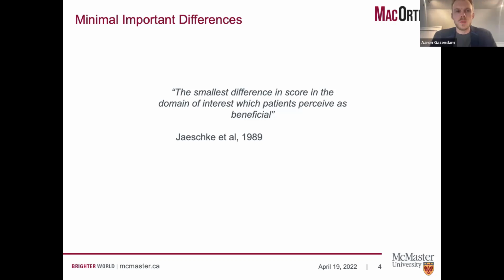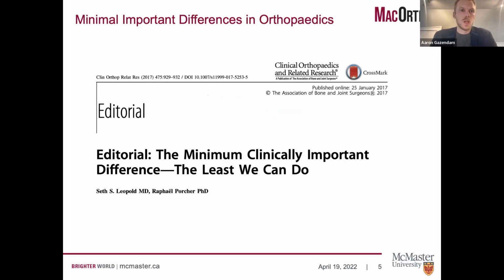That's why minimal important differences have been created to define these cutoff scores or change scores that are actually meaningful to patients. In orthopedic surgery, MIDs are widely reported throughout the literature for essentially every functional outcome and patient-reported outcome that we have, with the exception of the MSTS and the TESS scores.